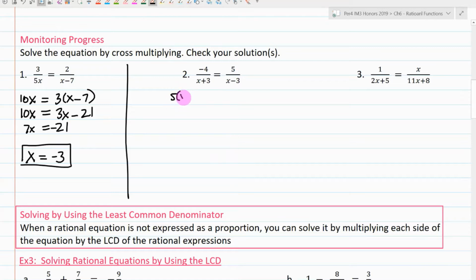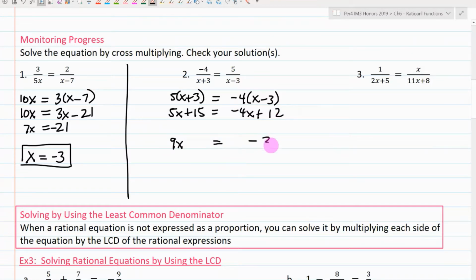Next, 5 times x plus 3. That gives me 5x plus 15 equals negative 4x plus 12. I'm going to add 4x to this side, subtract 15 from that side. That gives me 9x.